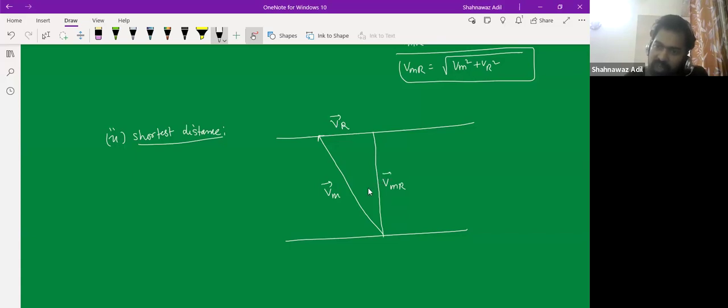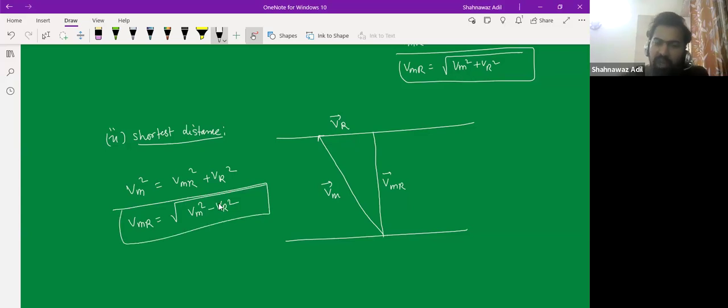If we use the Pythagoras theorem in here, Vm square is Vmr square plus Vr square. So Vmr would be equal to the square root of Vm square minus Vr square. So this is for the shortest distance, right?